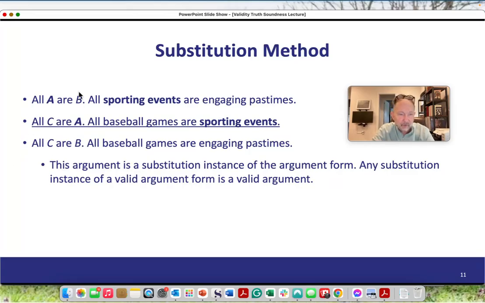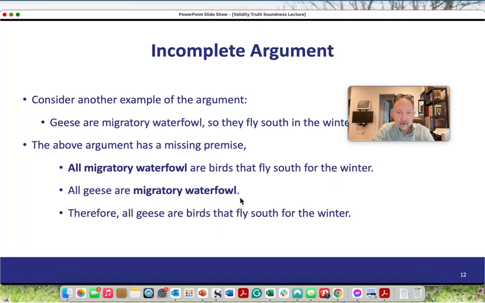So we put them together with letters, and then we substitute the letters with actual words to make sure that we get out of it a legitimate, valid argument. Now, if you do this part right, any argument you come up with over here should be correct. This is an incomplete argument, right?